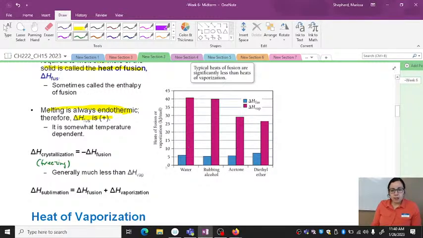So water looks like it's around 6, so this is in kilojoules per mole for its fusion versus like 41 or so for the delta heat of vaporization. And you can see that trend holds true for all these other substances, where again, your heat of vaporization is a lot more. And that makes sense, right? It requires a lot more energy to get something from the liquid phase to the gas phase.